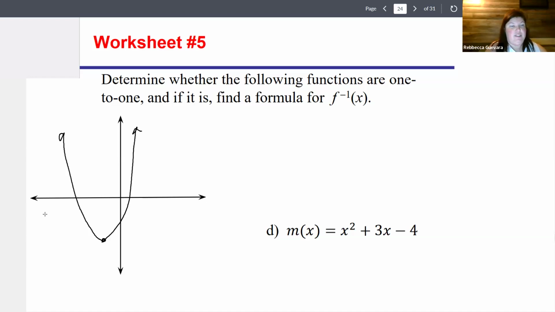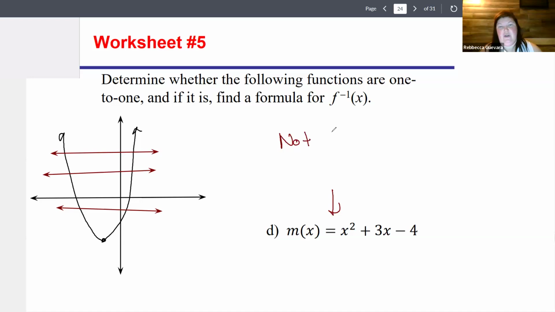And what we notice is that it does not pass the horizontal line test. So this is not one-to-one, meaning we have no inverse function.